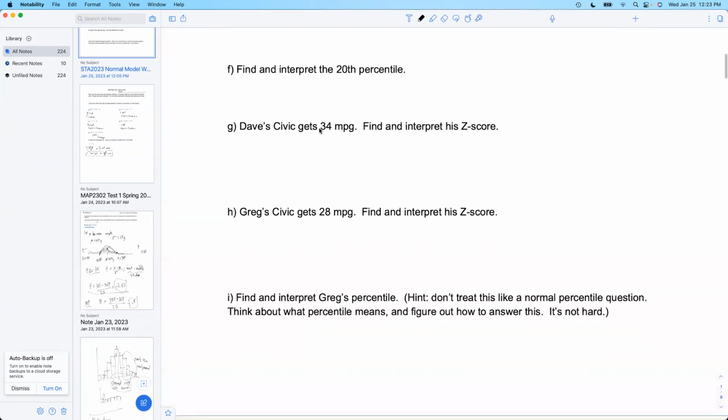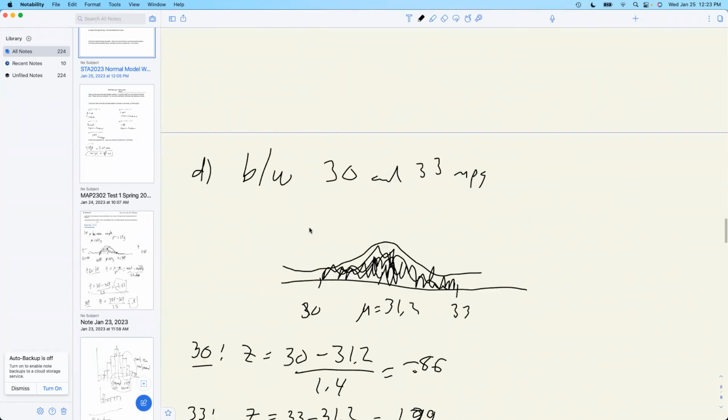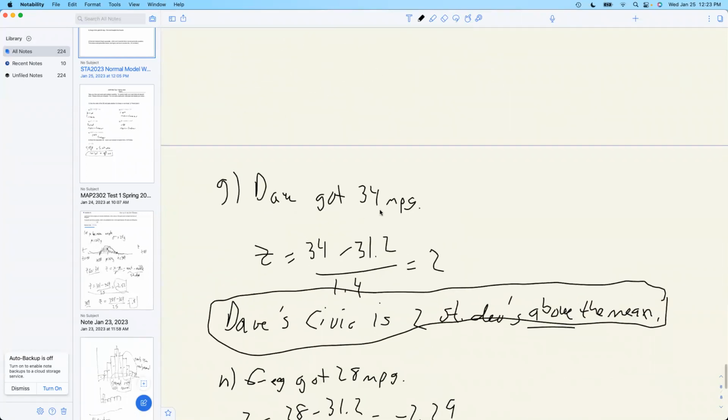Okay. These next ones, we're going to find and interpret z-scores. Find and interpret. So interpreting is not, Dave's z-score is 2. So Dave had 34 miles per gallon.